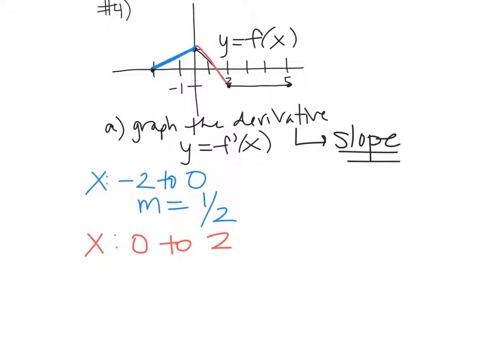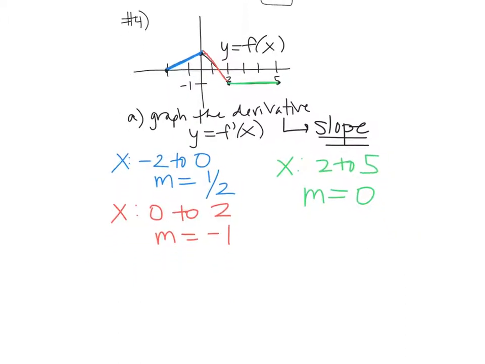It's down 2 over 2, so it's -1, right? So the slope is -1. And then finally we have the last part, which is when x is from 2 to 5. And what's the derivative of this function from 2 to 5? 0.